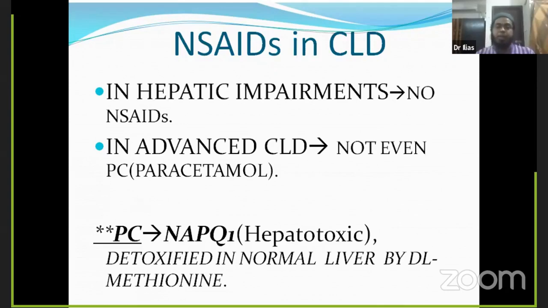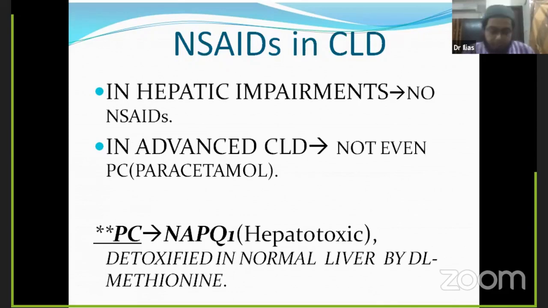Actually, why can't the paracetamol be prescribed for the advanced CLD patient? You know from your background knowledge of pharmacology, as a byproduct of the metabolism of the paracetamol, NAPQ1 is produced, and NAPQ1 means N-acetyl-p-benzoquinone imine, which is hepatotoxic. In the normal hepatic status, this NAPQ1 is detoxified by the formation of the DL-methionine, which is produced by the normal hepatocyte.